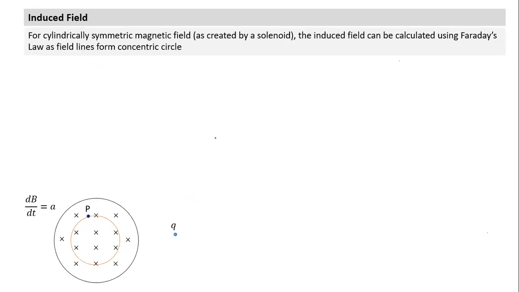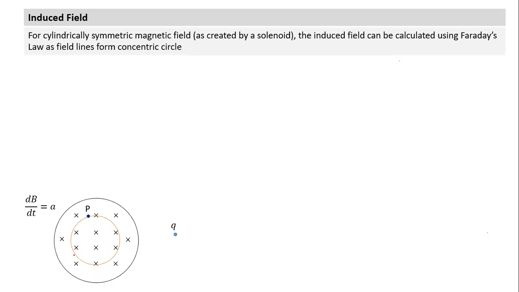Can we calculate this induced field, and can we experimentally check? For calculation of the induced field, there has to be some kind of symmetry. So the typical case we'll check is whenever there's a cylindrical symmetry, where this induced field can be calculated. If the magnetic field is symmetric, the induced field which gets created will also be circular in nature.